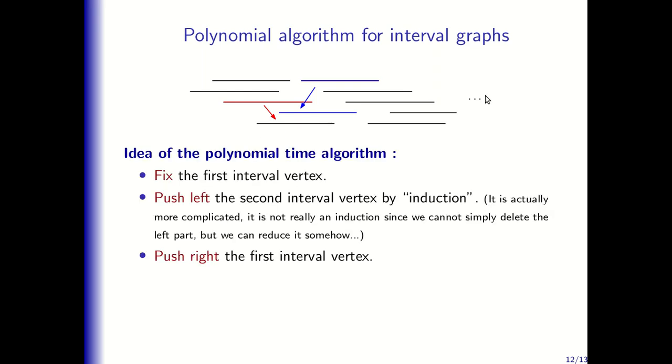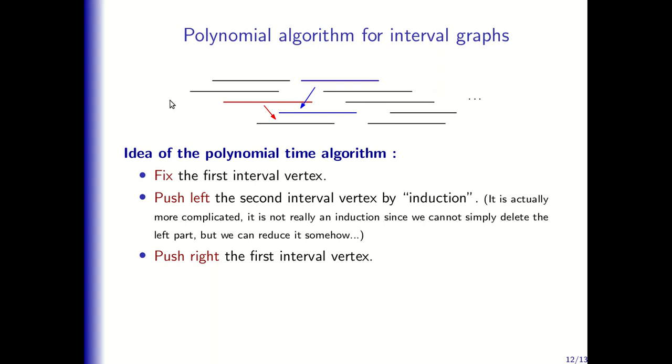Okay, so to sum up, what is the idea? The idea is that in order to try to push right the first internal node, we have to push left the second one. The idea of the polynomial time algorithm is really this.